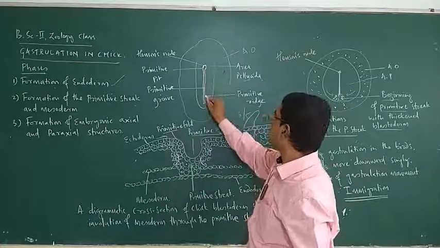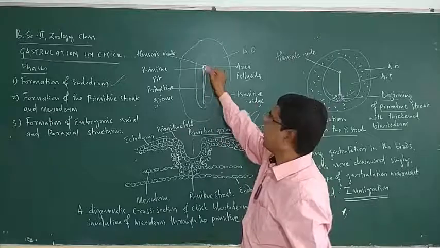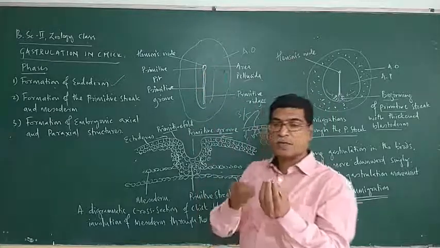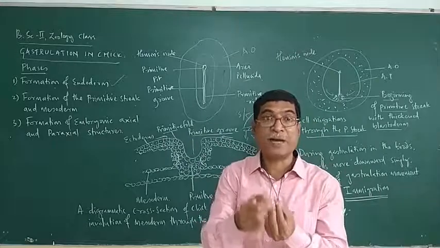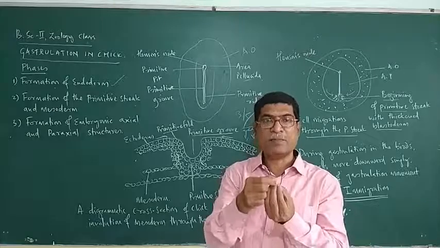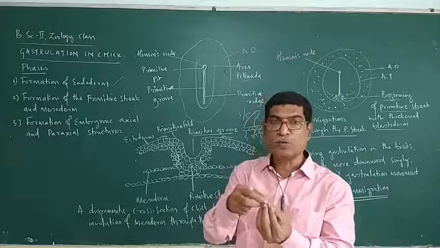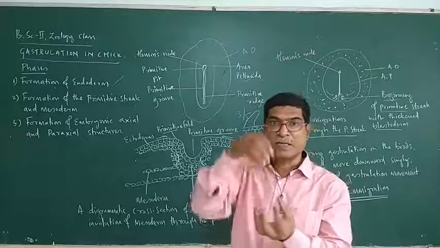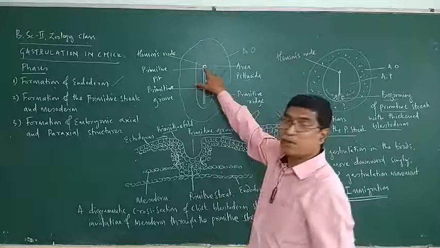So this is the primitive ridge, primitive groove, Hensen's node. Hensen's node is the anterior tip of the primitive streak, the head part, which is thickened. Now, due to immigration of cells, a funnel-shaped pit is formed.